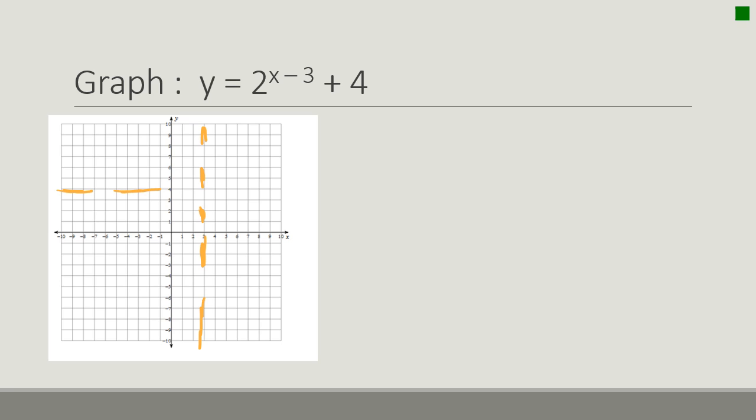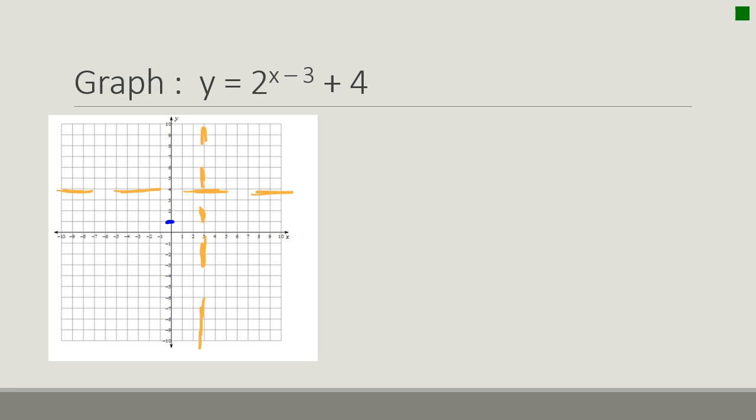Now, one of the key points is whenever, and I didn't mention this earlier, but whenever my exponent is 0, my y value is always going to be 1. So it crosses the y-axis here at (0, 1).